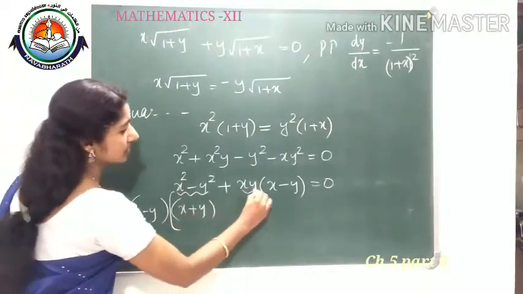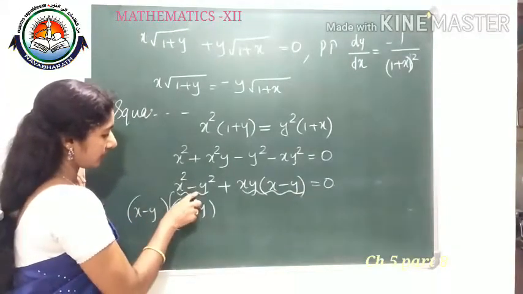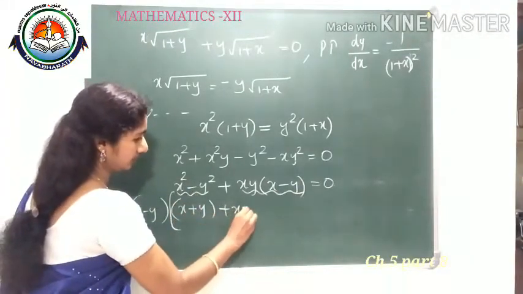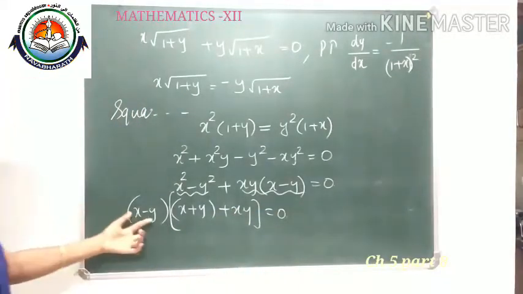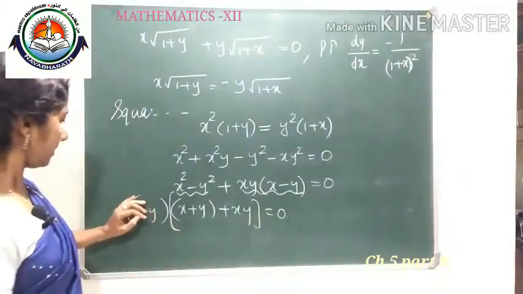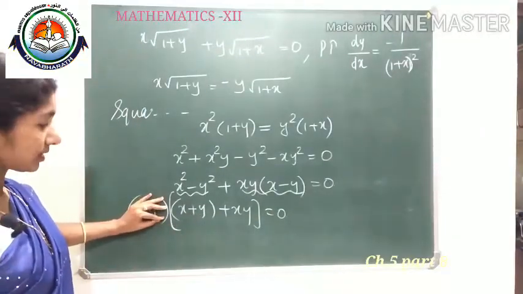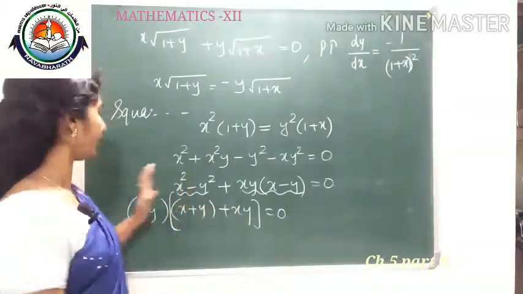So x minus y into (x plus y plus xy) is equal to 0. That means x minus y equal to 0 or xy plus x plus y is equal to 0.